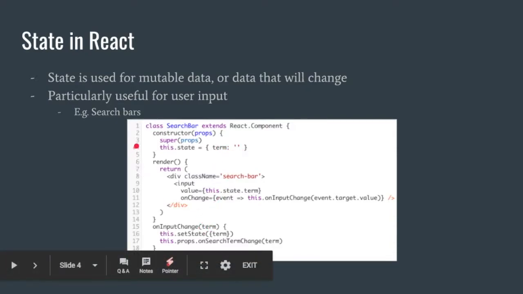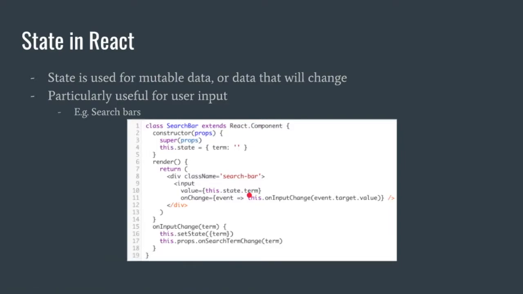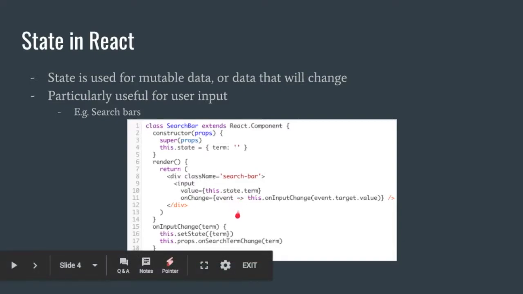Then it will re-render this component and show us the new state.term value. This is super handy, as now we have a component that we have a means of keeping track of data in between renders.